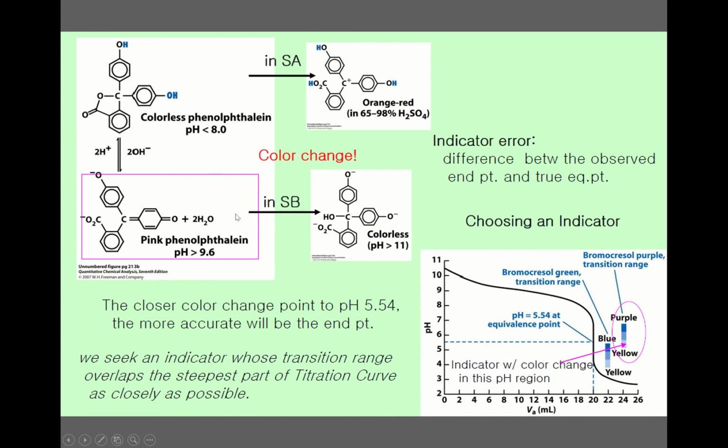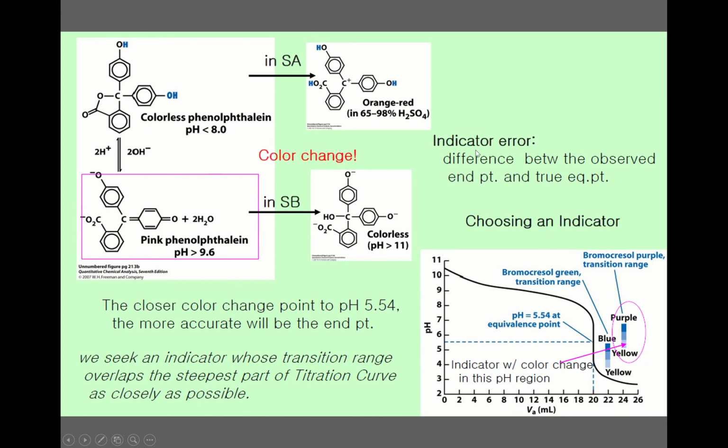And in very strong base, more than pH 11, the species loses color and becomes colorless. But this is also an exception; there are not many cases where we work at this very high pH.